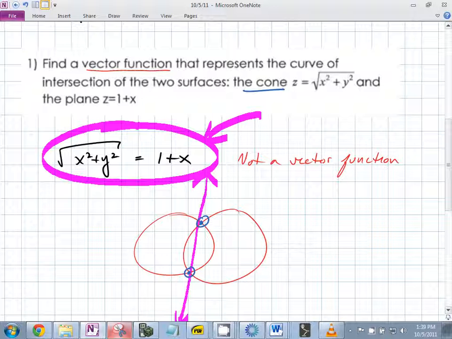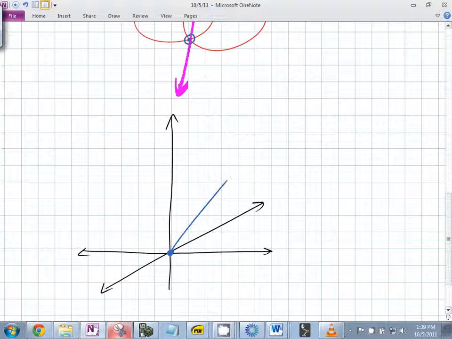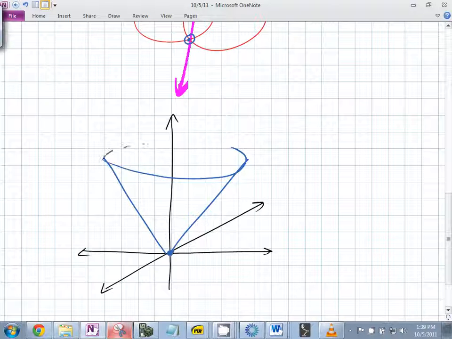So each shadow is a circle, and this thing goes up like this. Okay, so we know it's a cone, and it kind of looks like that.